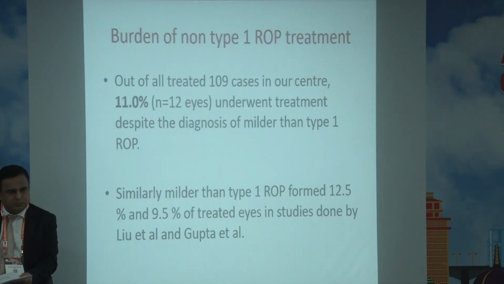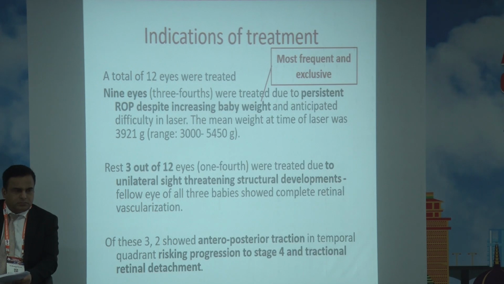Coming to the burden of non-type 1 ROP treatment, out of 109 cases treated for ROP in our center, 11%, that is 12 eyes, underwent treatment despite a diagnosis of milder than type 1 ROP, as elaborated in the previous slide. Similarly, milder than type 1 ROP formed 12.5% and 9.5% of treated eyes in studies done by Liu et al. and Gupta et al.